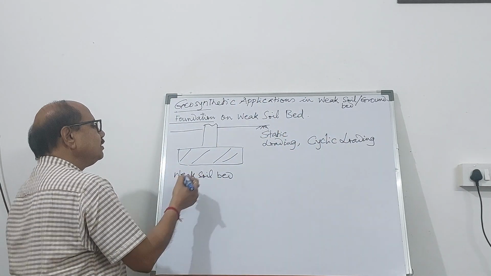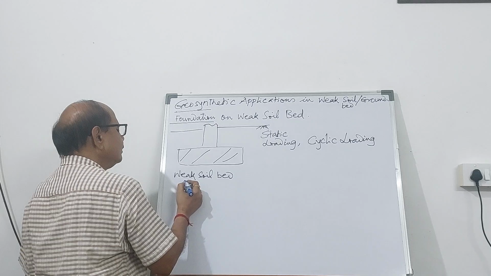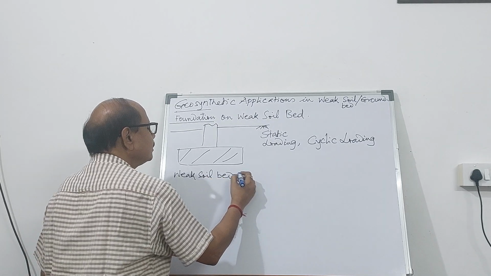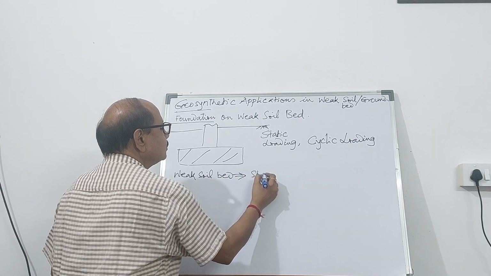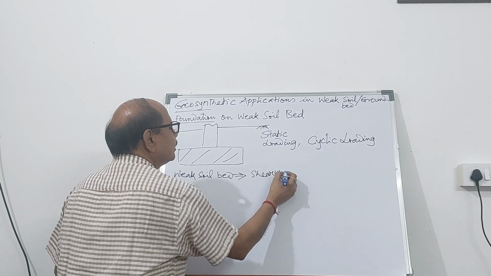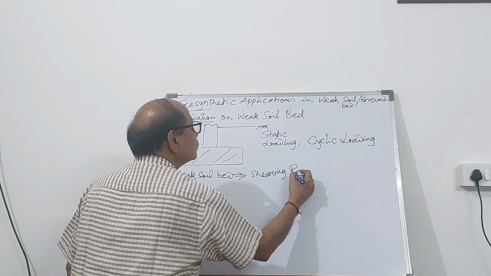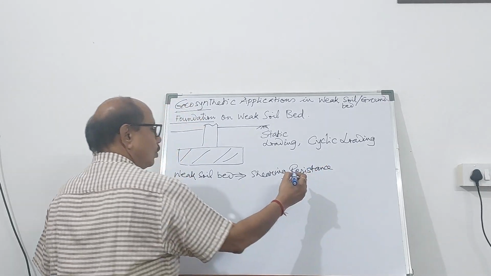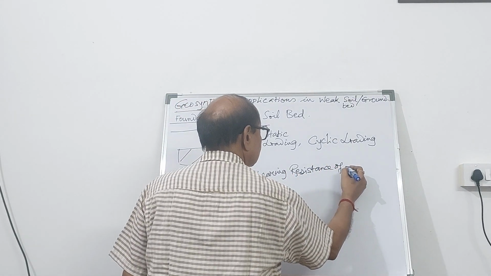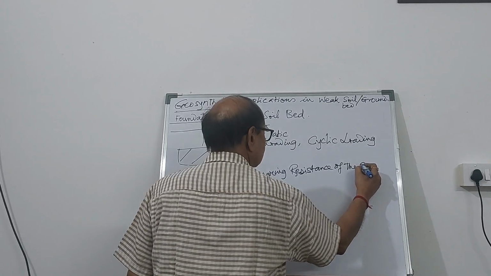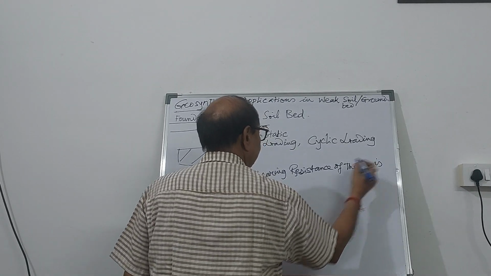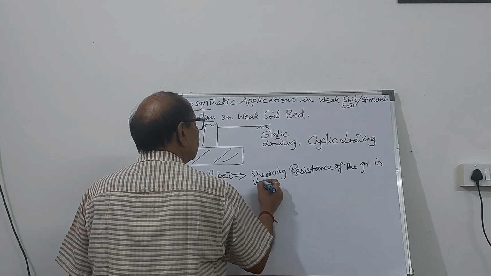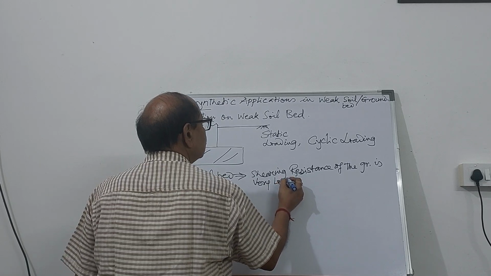And if the soil is weak, naturally, this implies that the shearing resistance of the ground is very low.